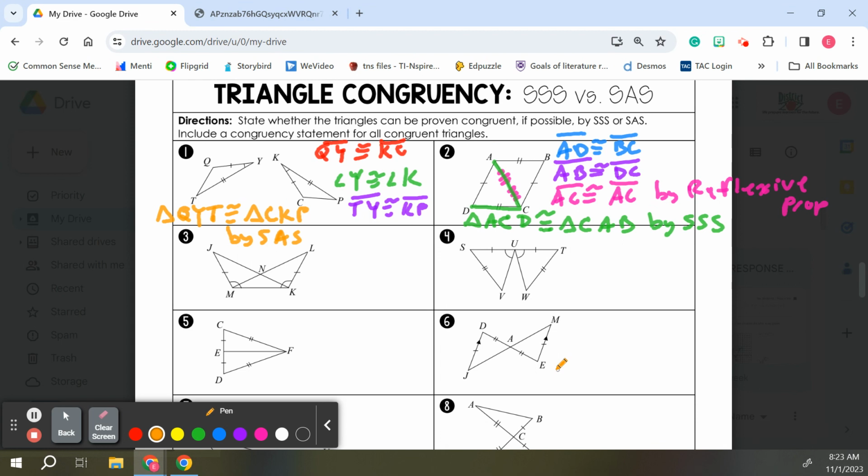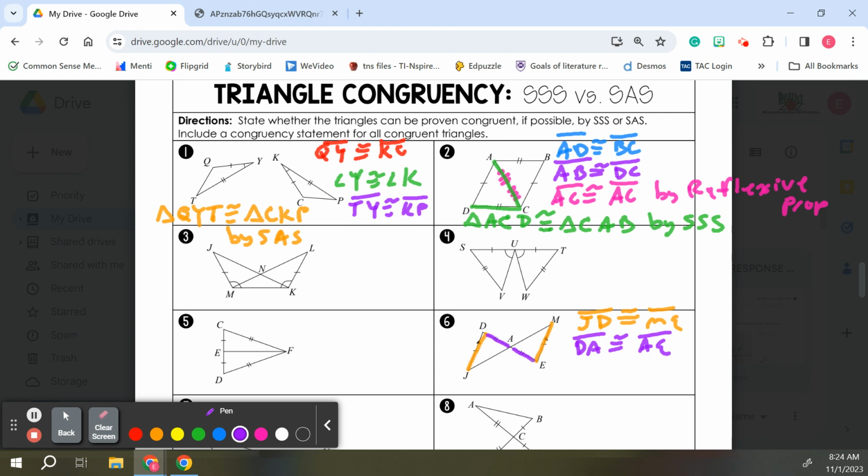I see that JD is congruent to ME. So here's JD, here's ME. I'm just going to kind of color code this just to make my life a little easier. And then I have DA is congruent to AE. So there's this guy and this guy congruent to each other.